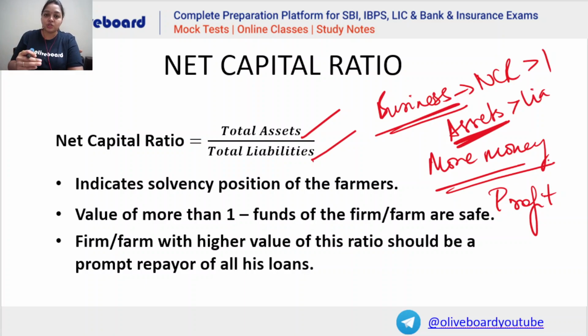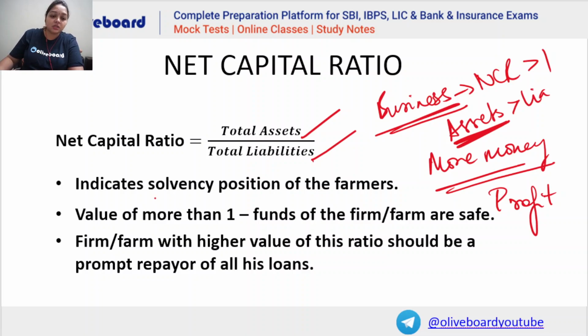Correct? When you sell a very good, high class, working condition phone, you will get more money. But when you sell a broken phone which can do only 1 or 2 operations, you will get less money. Same idea. When you sell a business which is making more profit, you will get more money. But when you sell a business which is not making so much profit, you will get less money.